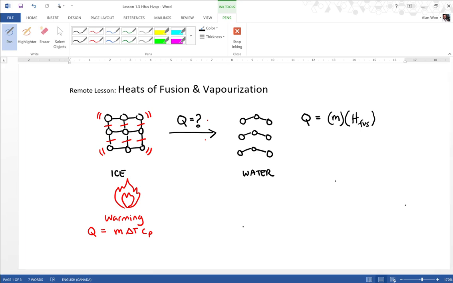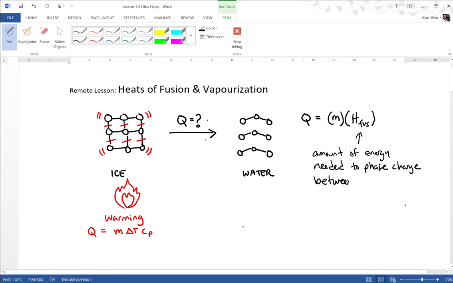So what is heat of fusion? This is just the amount of energy needed to phase change between solid and liquid.